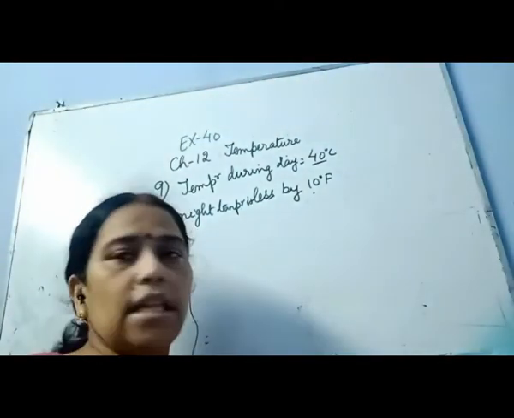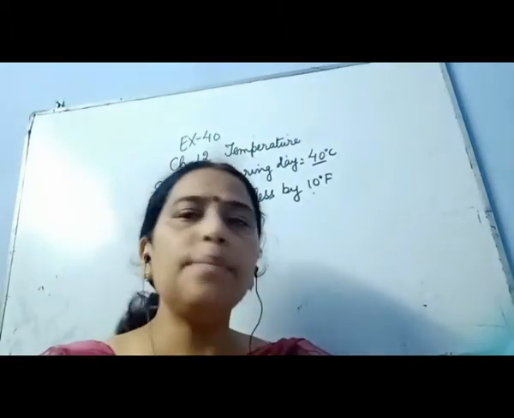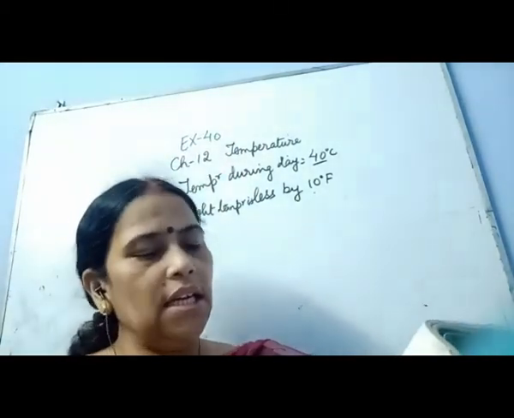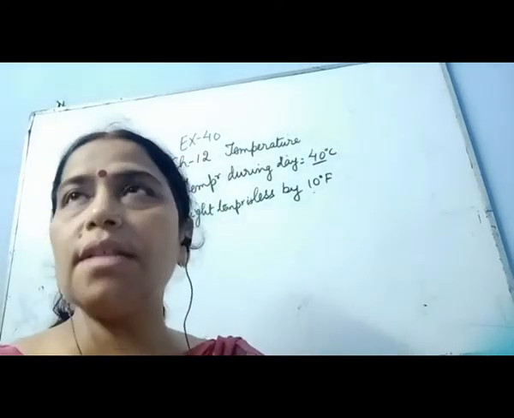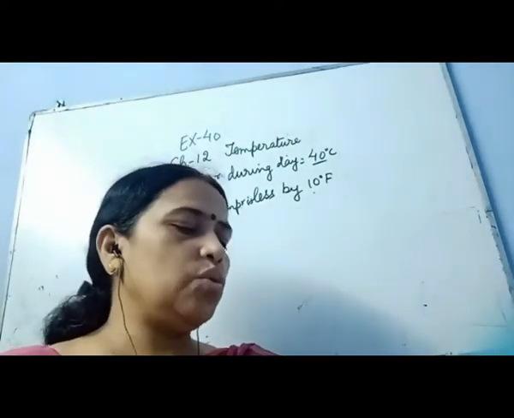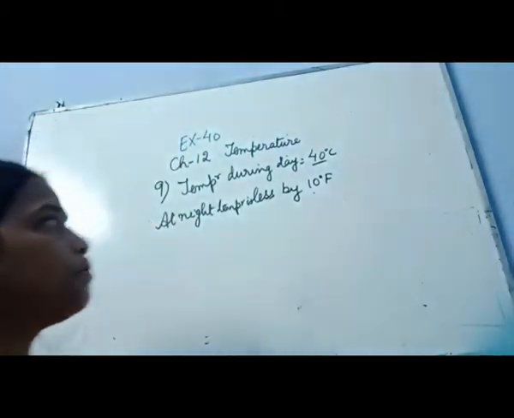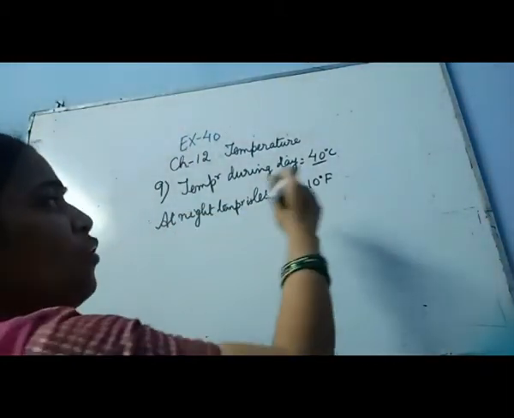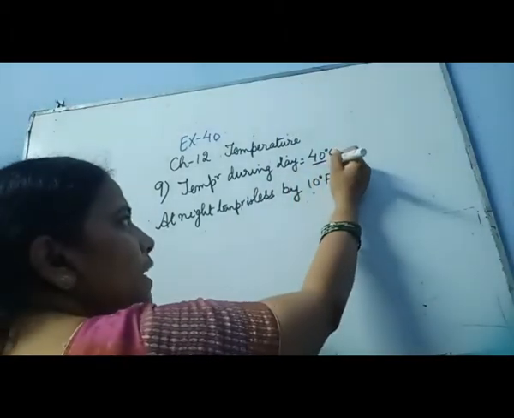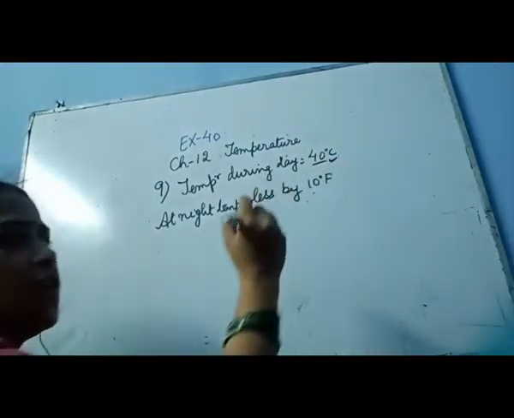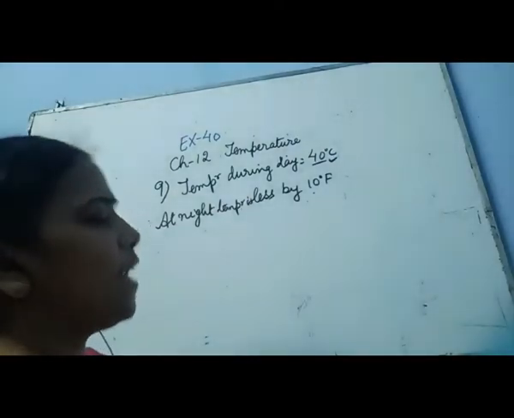Because it is asking for the night time temperature in Fahrenheit scale. It is not asking for Celsius. So 40 degrees Celsius we have got during daytime. Now first we will convert it into Fahrenheit scale.